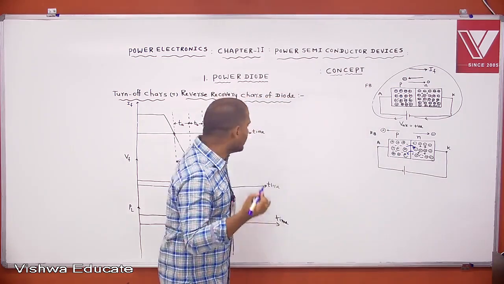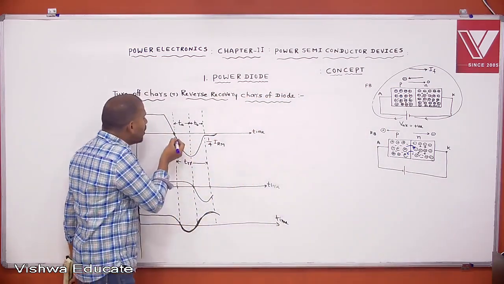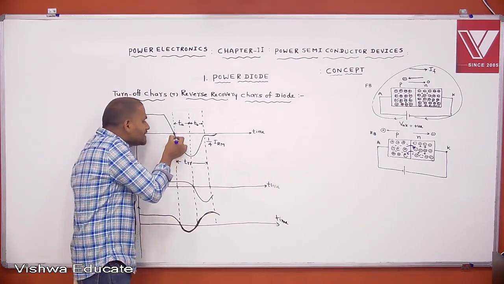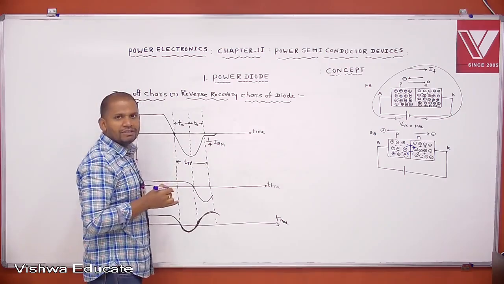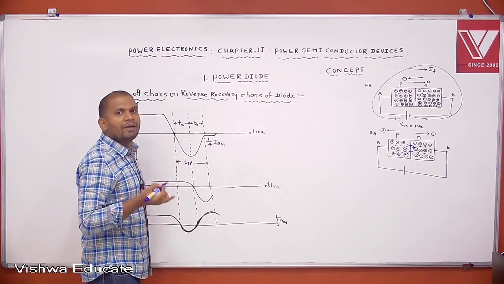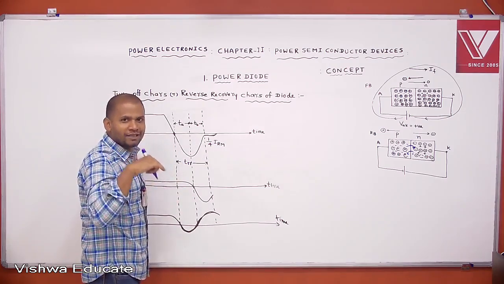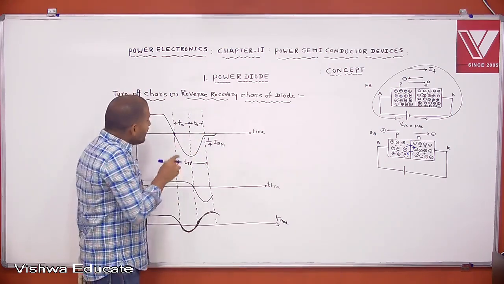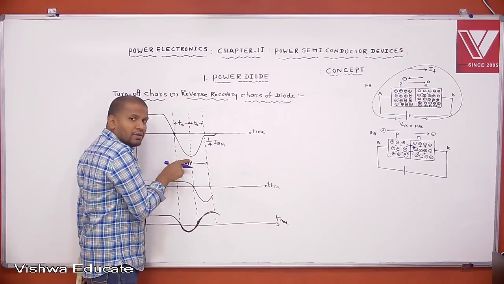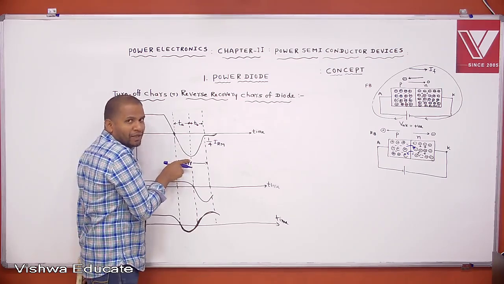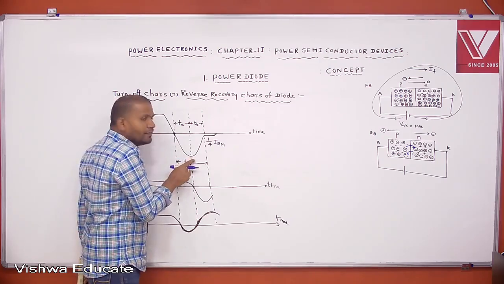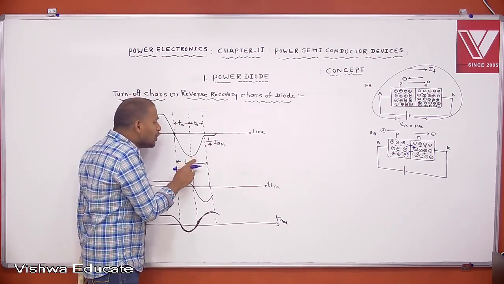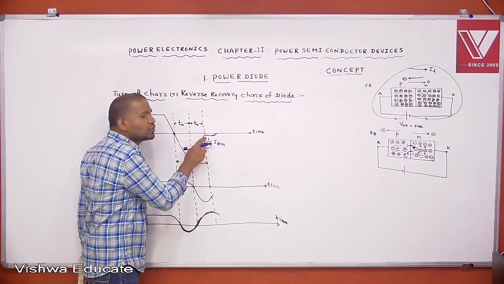That's the reason why, even though forward current is 0, the diode is continuously conducting because of stored charges in junction and layers. Then it continuously conducts, reaches a peak value, then slowly all those charge carriers recombine, and the current falls to 0.